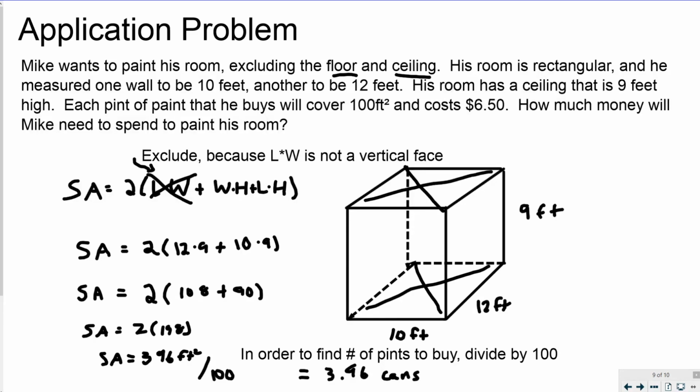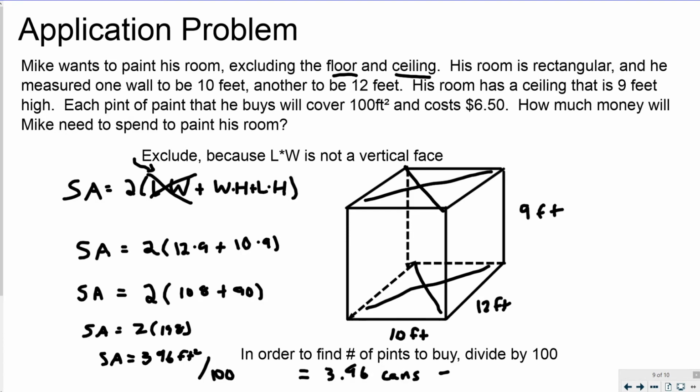You either have to buy 3 cans or 4 cans. In this case, anything over 3 is going to make us need an entire new can. If it's 3.01, we still have to buy another can in order to do that 0.01.